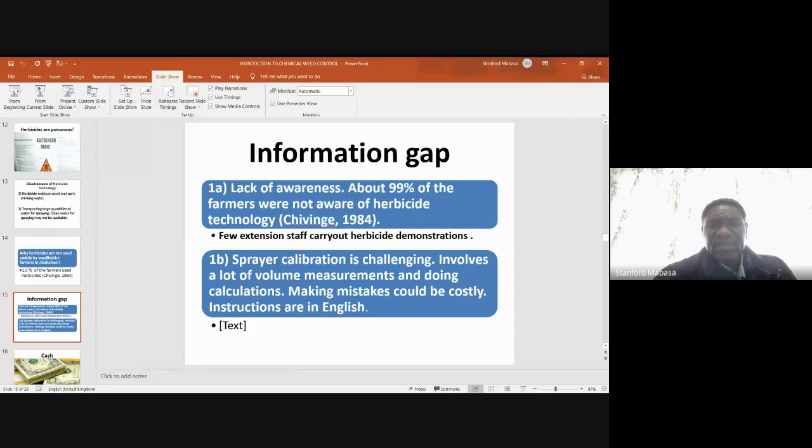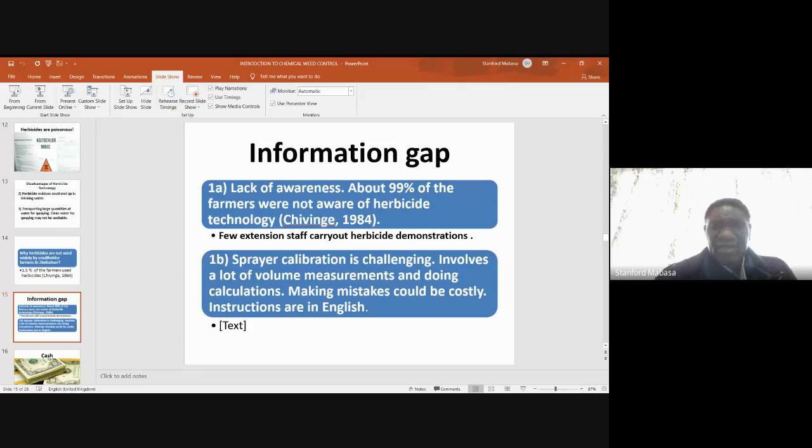One of the reasons why farmers do not use this technology can be classified under the information gap. Chivinge found that there was a lack of awareness for some of the farmers.